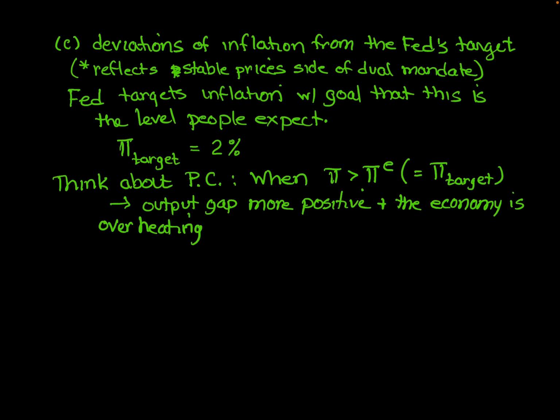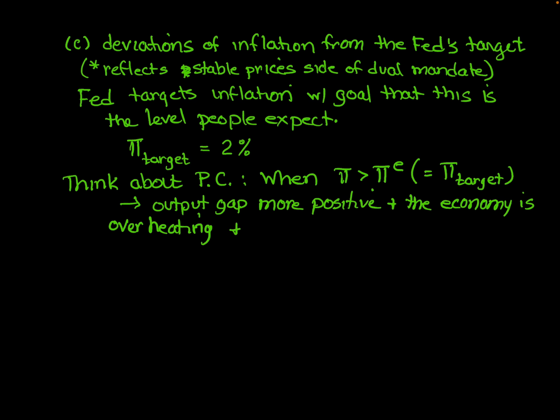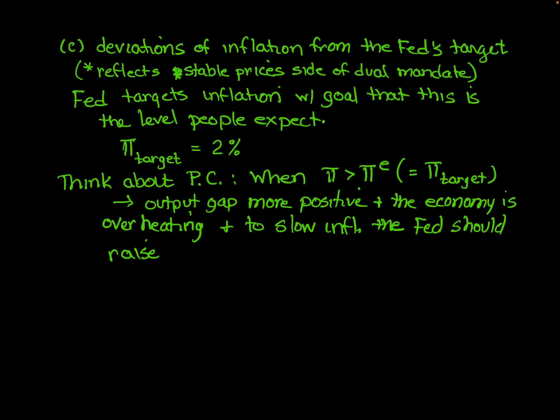Therefore, to slow the economy and to reduce inflation, the Fed should pursue contractionary monetary policy, or raising real interest rates. To slow inflation back down to its targeted level, the Fed should raise interest rates.